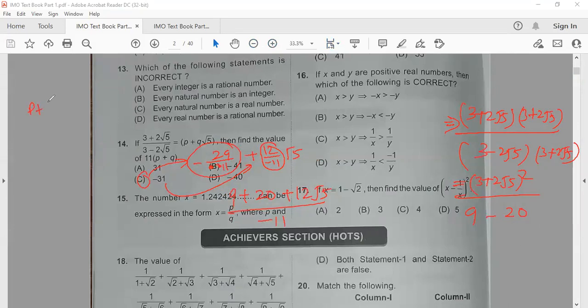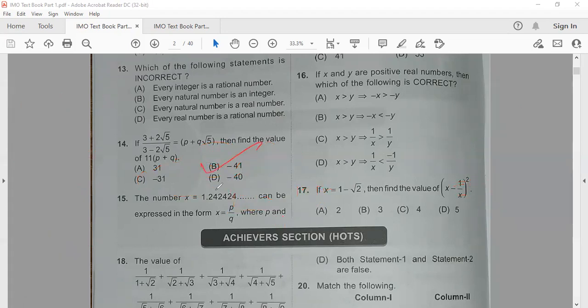So P plus Q, into 11 we have to find. 11 times (P plus Q) is minus 29 upon 11 minus 12 upon 11. That means 11 is there, minus 29 minus 12. So this is 41, minus 41, 11 to 11 means minus 41. B is the correct option.